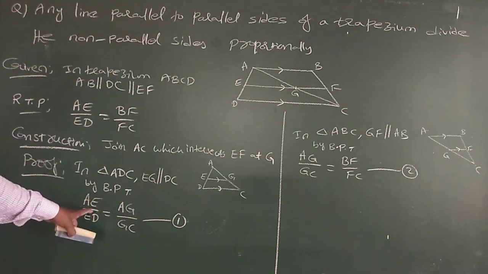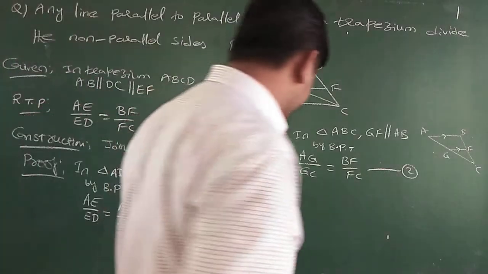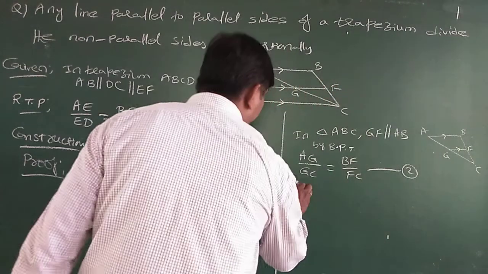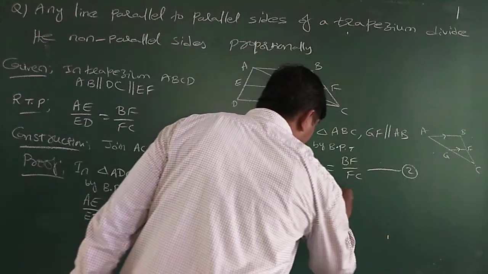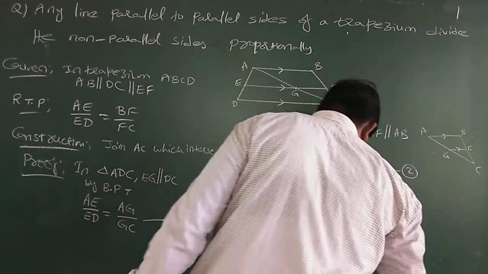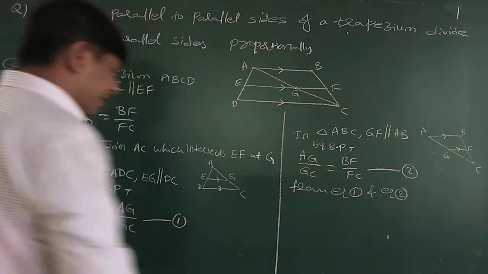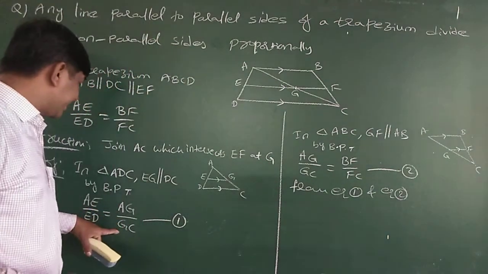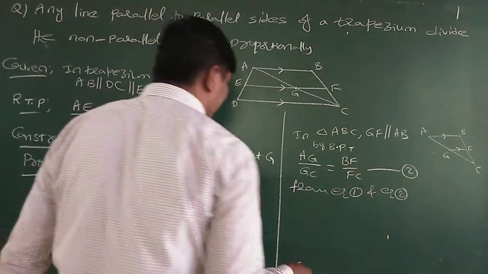Okay. From these two equations, equation 1 and equation 2, AG by GC can be replaced with BF by FC or not?